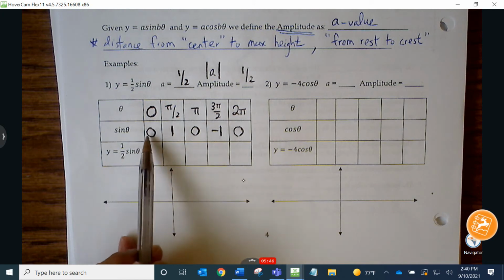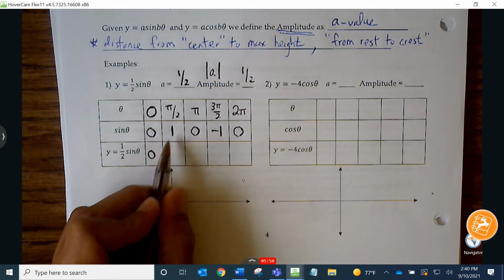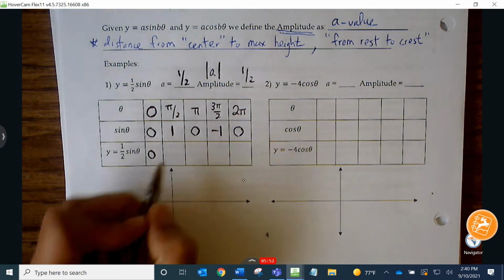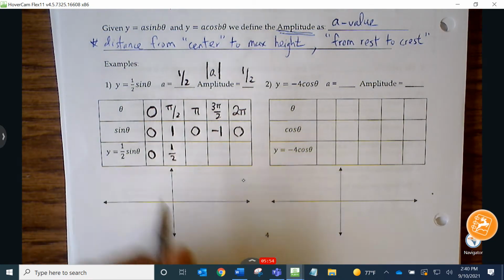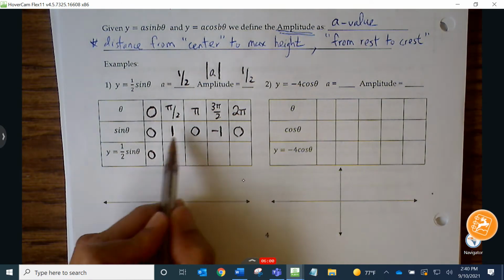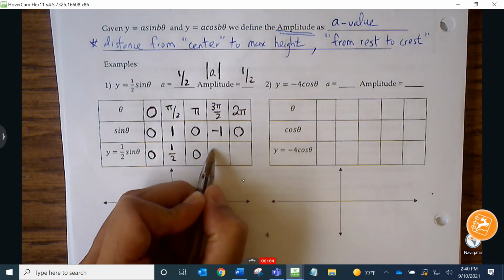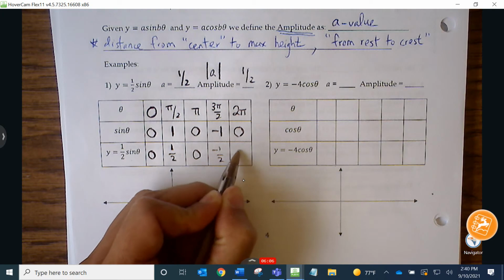So 1/2 times 0 is still 0. 1/2 times 1 is 1/2. So that just allows for this change to be made. Instead of the height of 1, now our sine graph is only going to hit a max height of 1/2. Anything times 0 is 0. 1/2 times negative 1 is negative 1/2. And then 0.